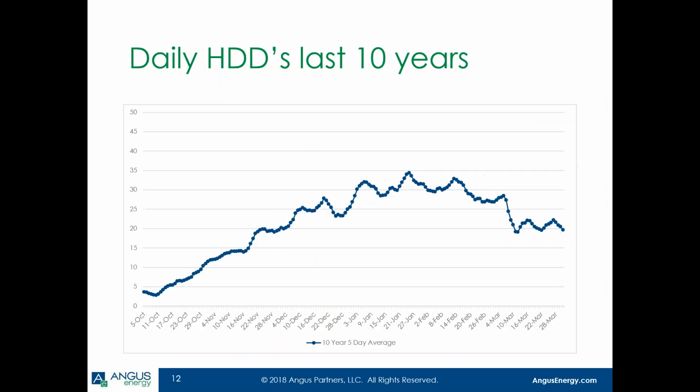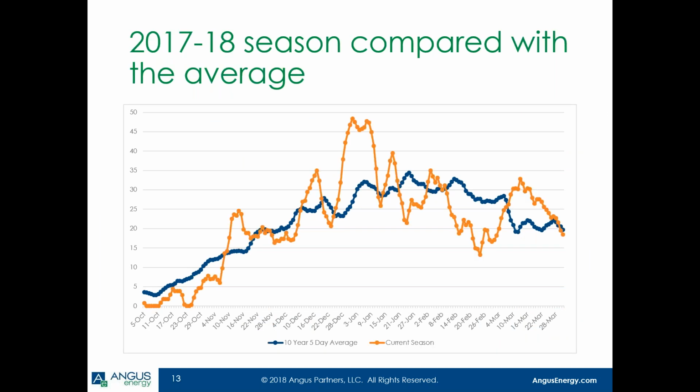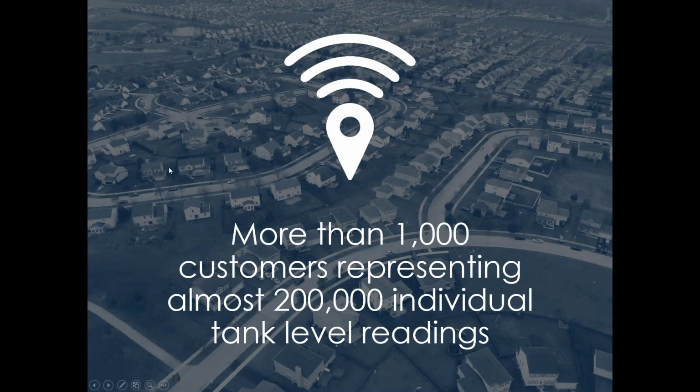Let me show it to you more in graphic form. So daily HDDs over the last 10 years. This is plotted from October through March on a daily basis, what the average heating degree days were per year. Okay? This was last season, 2017-18, right? We had that big cold spurt over here.